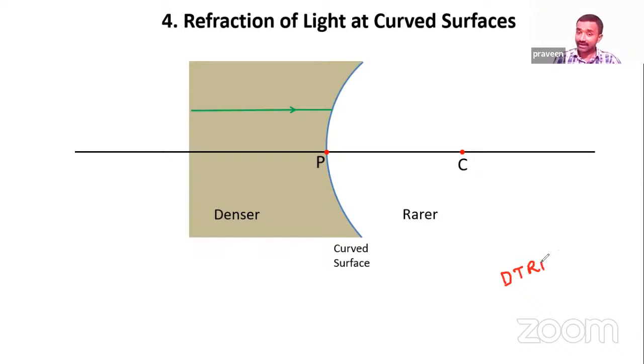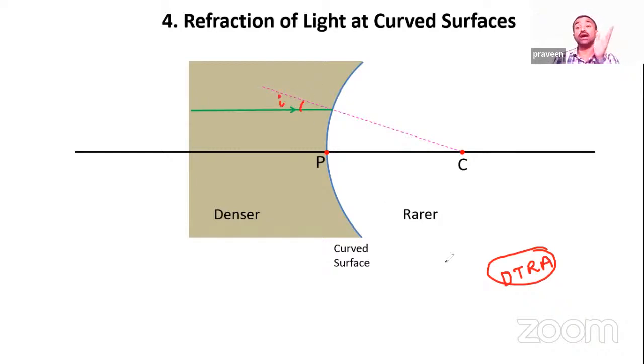So here it bends away, because I know RTDT: rarer to denser, towards the normal. So denser to rarer, away. I am using this logic. Now construct the normal from the center of curvature to the point of incidence, then have an idea about the angle of incidence.